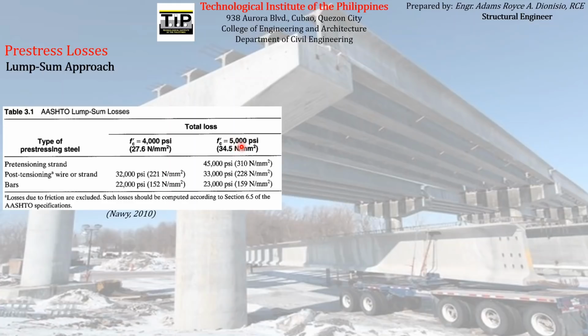And lastly, according to AASHTO lump sum losses, if you use bars as pre-stressing reinforcement, it is estimated to experience a total loss of 22,000 psi or 152 megapascal if f'c is equal to 4,000 psi, and 23,000 psi or 159 megapascal if f'c is equal to 5,000 psi.